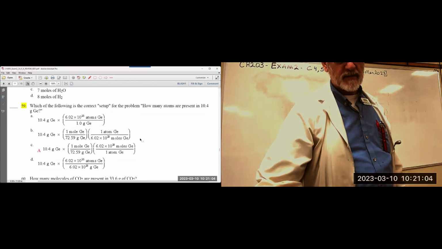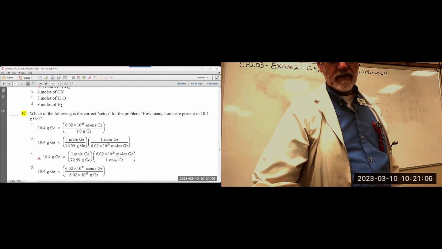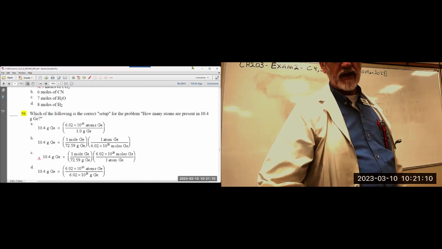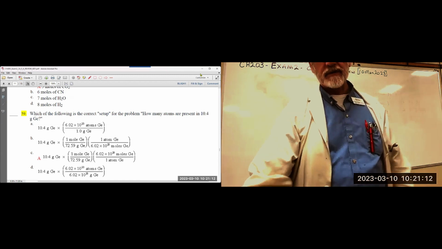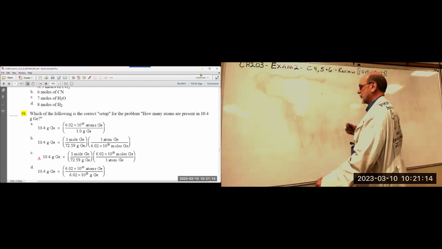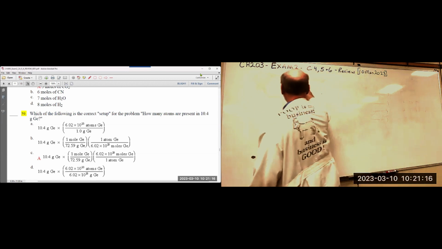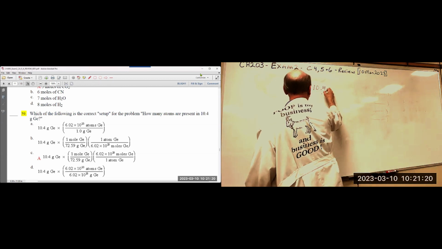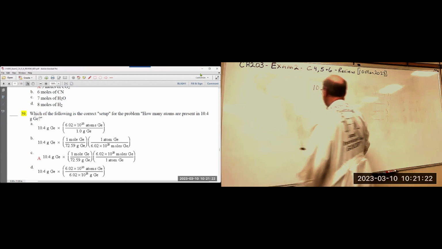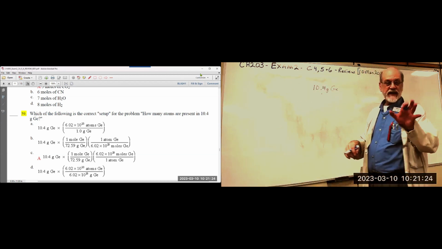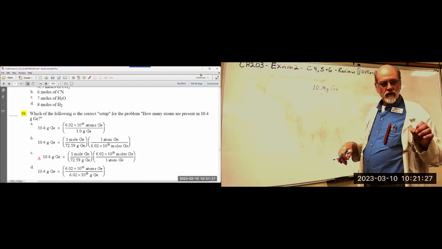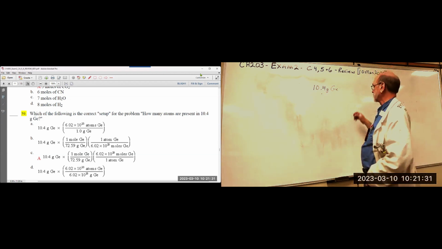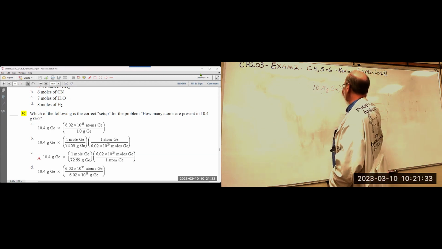Let's see, can I get all of them in there? Yeah, there we go. How many atoms are present in 10.4 grams of germanium? All right, this just sets up the calculation. First, we've got to convert to moles, right?